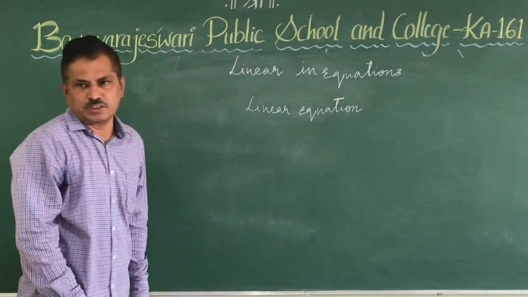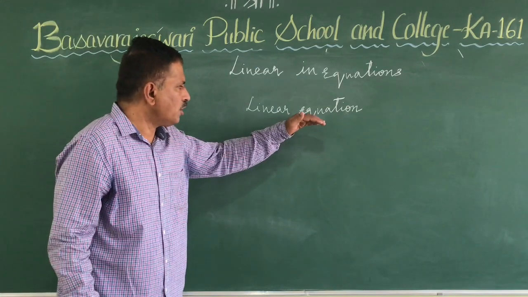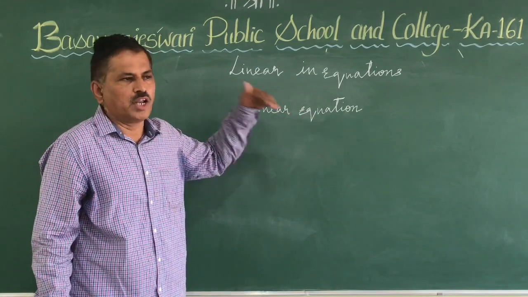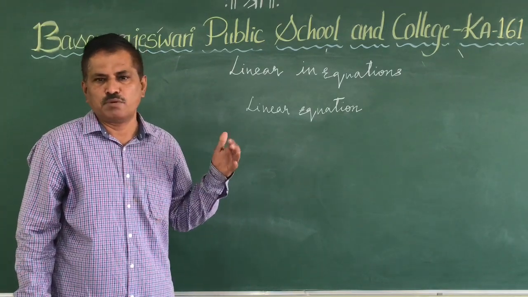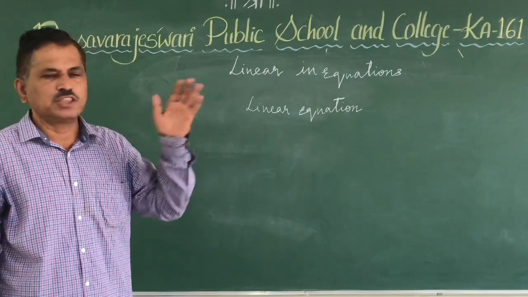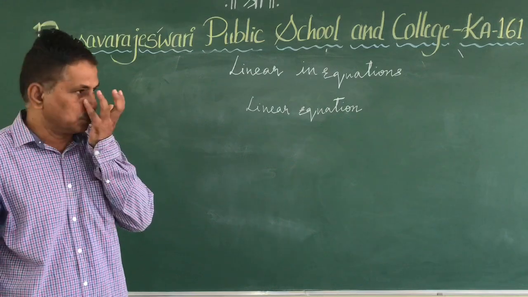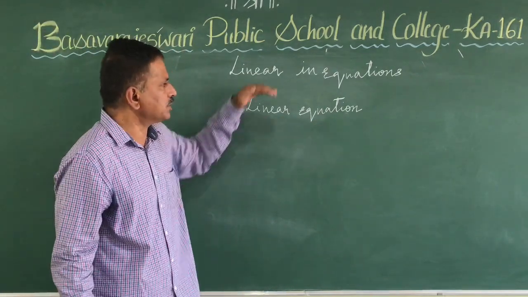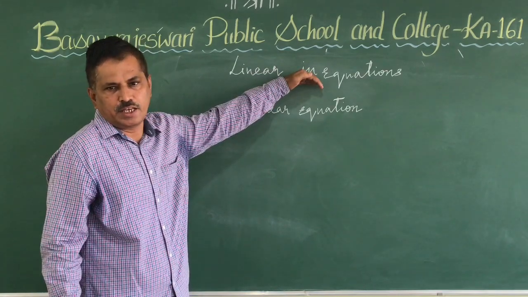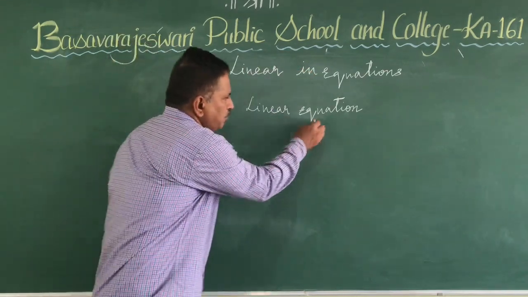Before knowing the definition of equation, one has to know what is expression, what is constant, what is variable, what is term. All those things I explained in my regular class only. So let me explain about equation, linear equation, then the topic linear inequation. Equation means what?